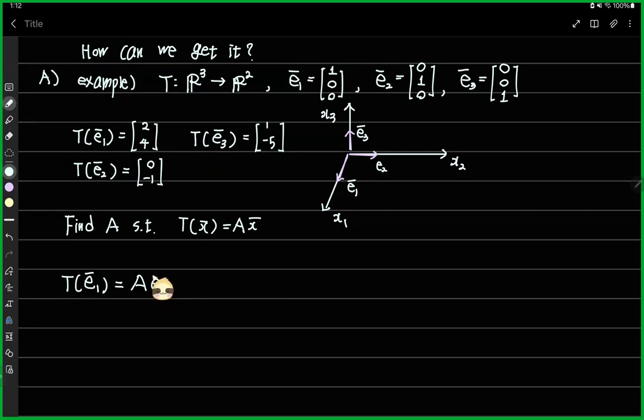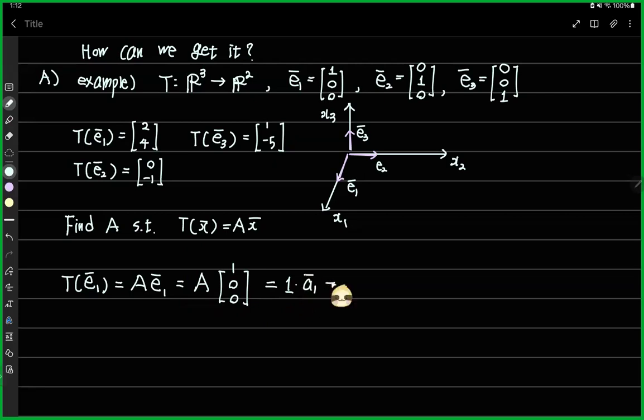Because we don't know A. And E1 is 1, 0, 0. So this is equal to 1 times what? The first column, A1.